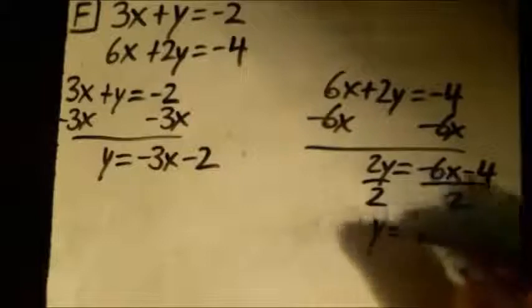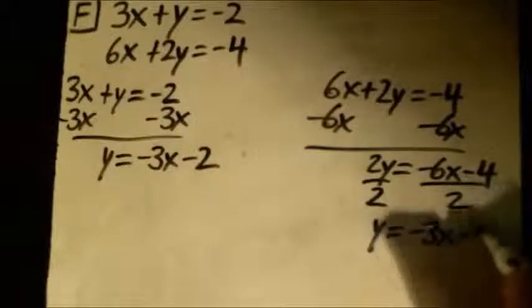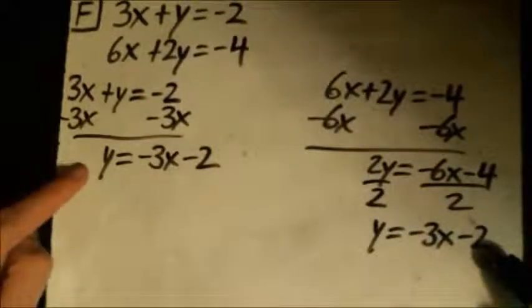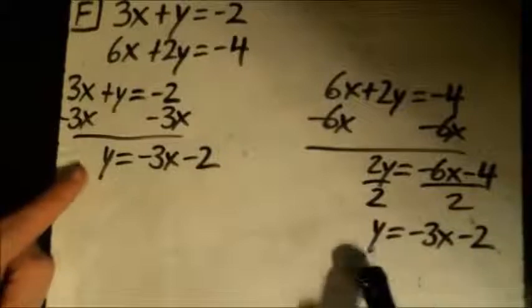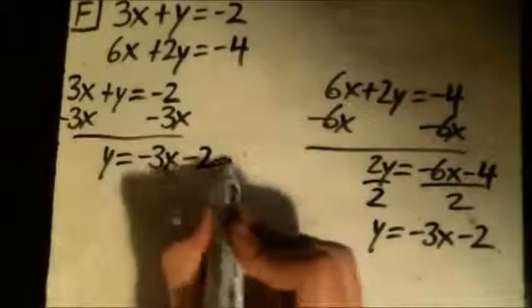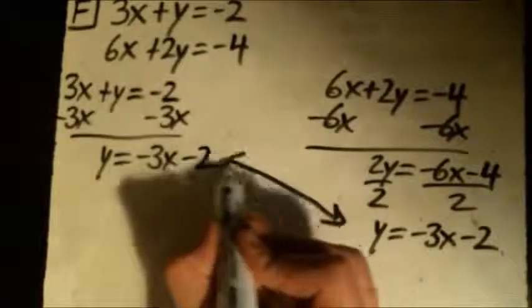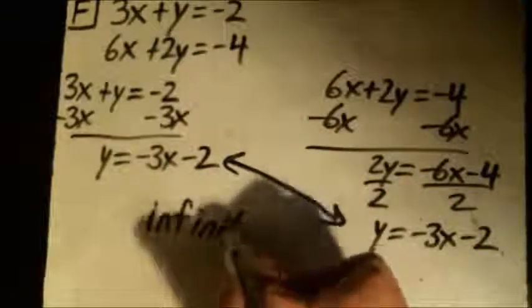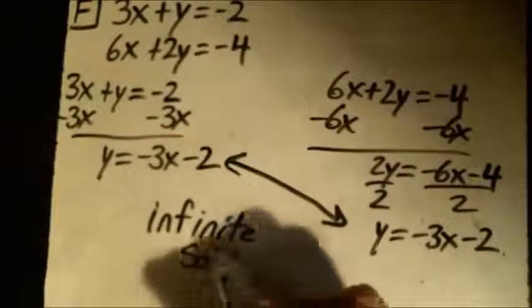So I have y equals negative 3x minus 2. So right now I can tell you that the answer is going to be infinite solutions because I got the exact same line here as I did down there. So I could tell you even without graphing that there's going to be infinite solutions.